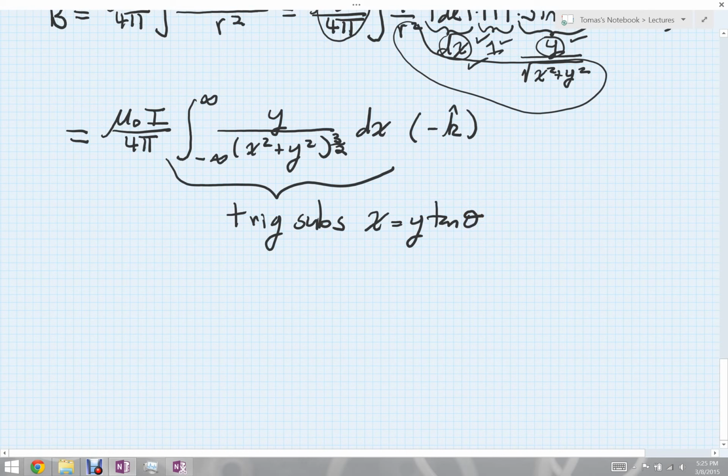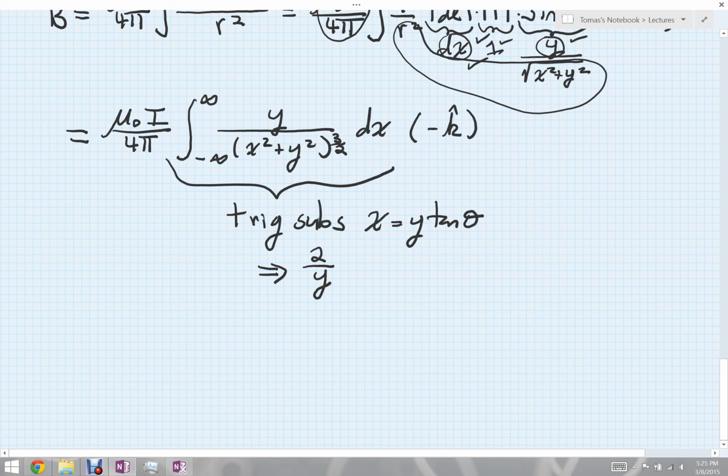You want to do that because then you'll have y squared plus y squared tan squared theta. That'll turn into a y squared secant squared theta, which will turn out very nicely for us. If you make that substitution, what you're going to find is that this whole integral just has the value of 2 divided by y.